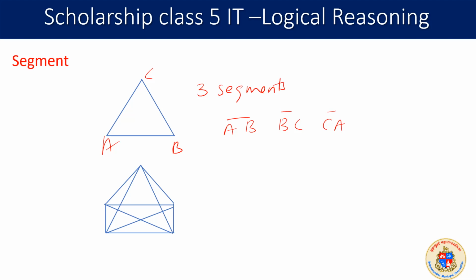So if I name this particular pentagon as A, B, C, D, E, I can keep on writing the names of the sides of this pentagon, but it will take time. It will take time surely. So here there were 3 dots or 3 vertices. Correct? Here there are 5 dots.